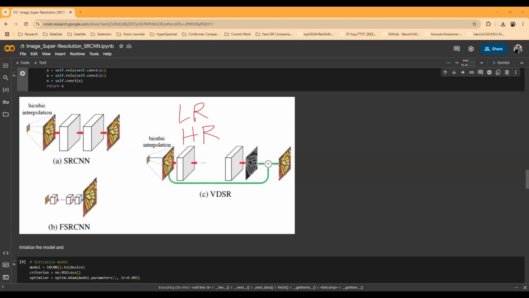Meaning a simple convolution will reduce the images into low resolution or low frequency components, right? And this low frequency component will be added at the very last, and the high resolution or high frequency component will be acted upon and will be used in the training.